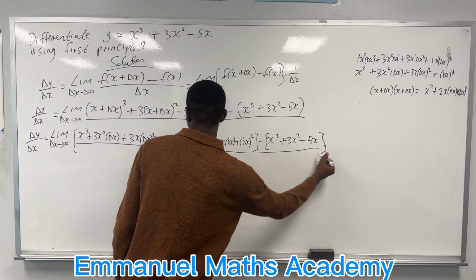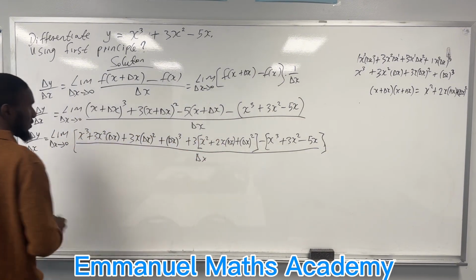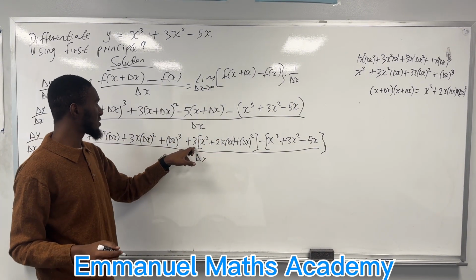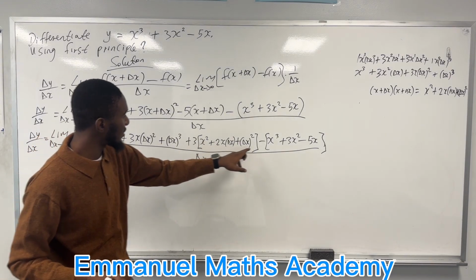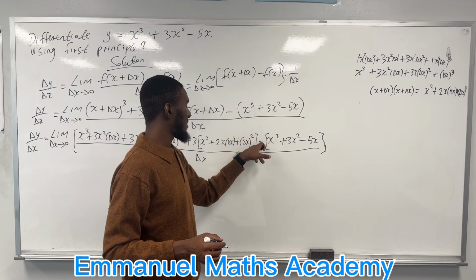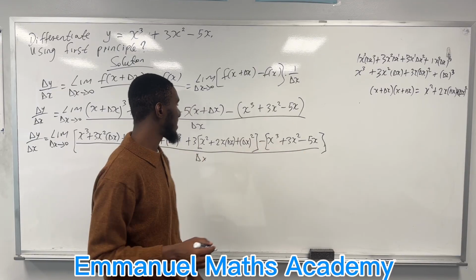So we simplify further. We need to open up the bracket and distribute. We use plus 3 to distribute inside here, and also use minus 1 to distribute what we have here.